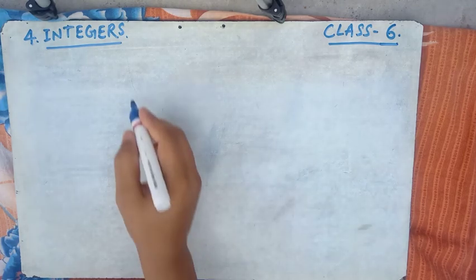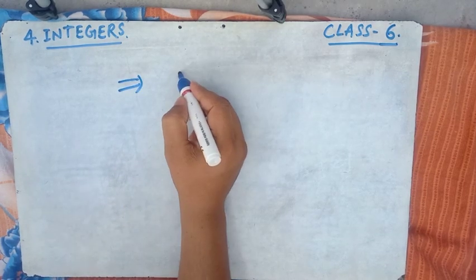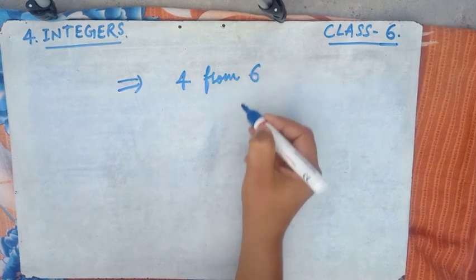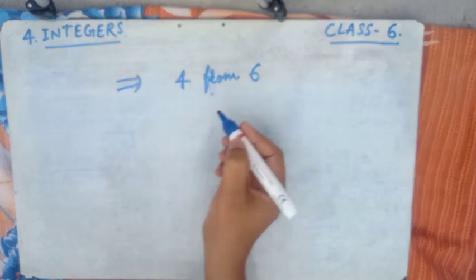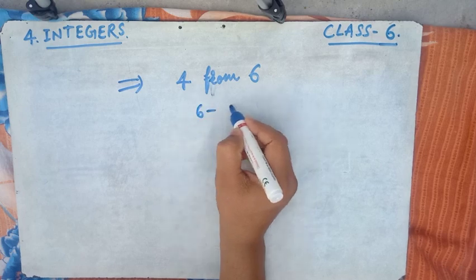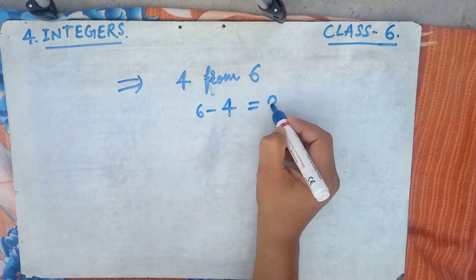And friends, you know that addition is the reverse process of subtraction, or subtraction is the inverse process of addition. Suppose you want to subtract 4 from 6. That could be written as 6 minus 4 becomes 2.